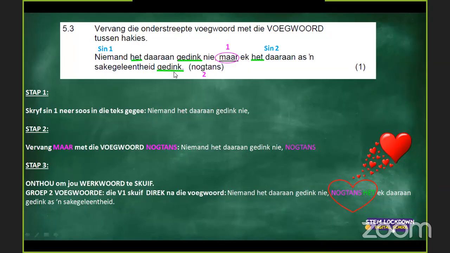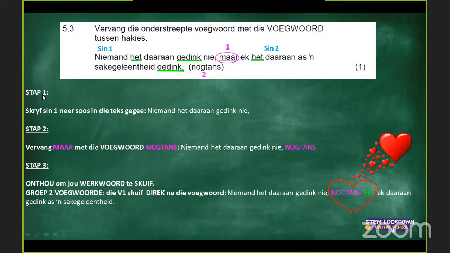Het gedink are the verbs for sentence 2. And now, when I replace maar, which is the group 1 conjunction, with nogtans, I now need to remember what happens to group 2 conjunction.